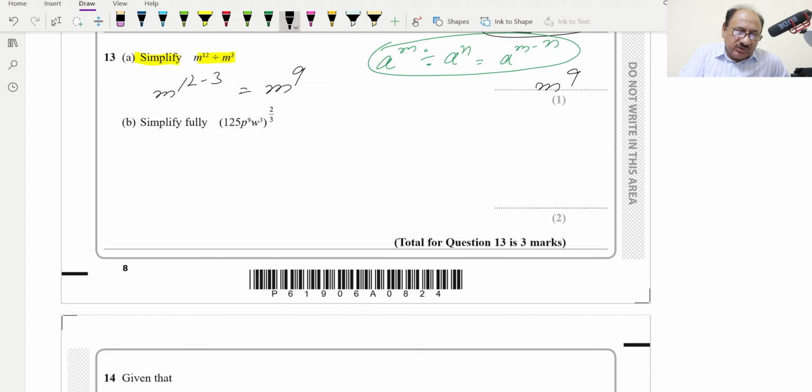So simplify. In this case, what we can do, we can separately write powers. 125 raised per 2 by 3, and then p raised per 9 into 2 by 3.